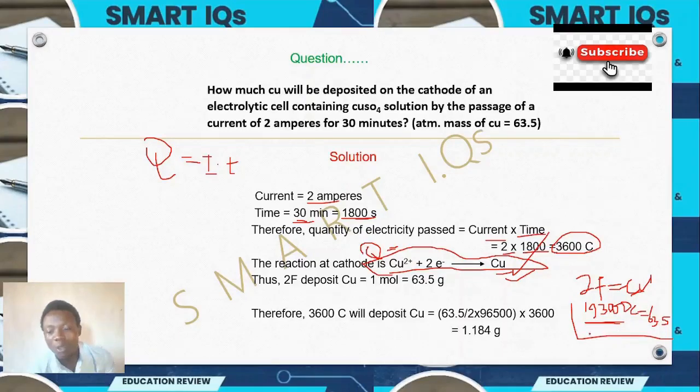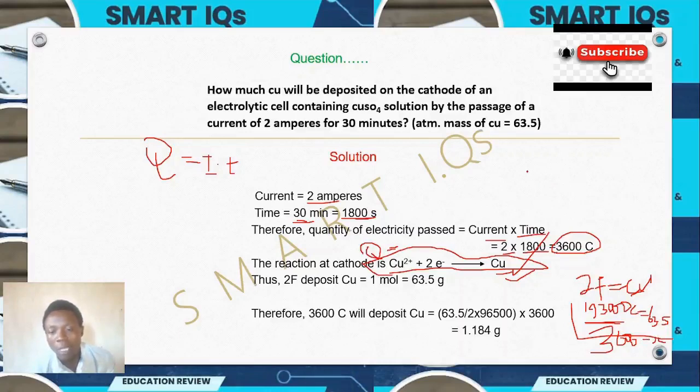So what will 3600 liberate? We don't know, so it's as simple as that.